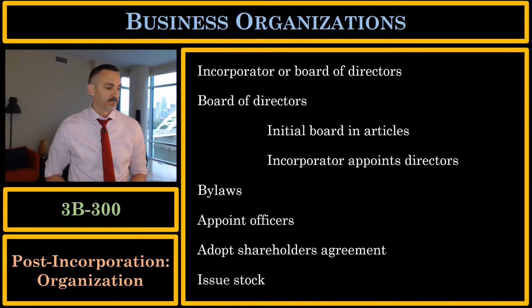That sort of thing. We also need to appoint officers. Corporations generally require 3 officers. It depends on your jurisdiction, but normally you have to have 3 executive officers: the president, the secretary, and the treasurer. More on that in a subsequent chapter.